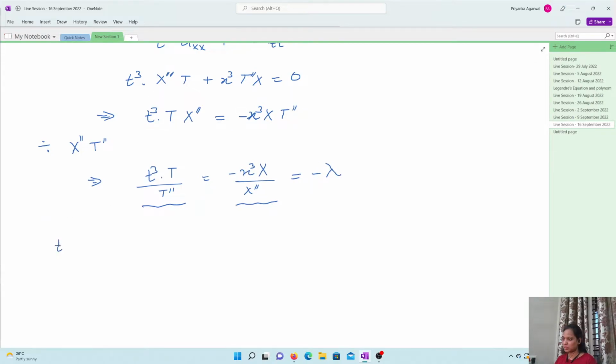So the equation becomes t cube T over T double dash equals to minus lambda, and this then becomes t cube T equals to minus lambda T double dash, and this equation becomes lambda T double dash plus t cube T equals to 0.